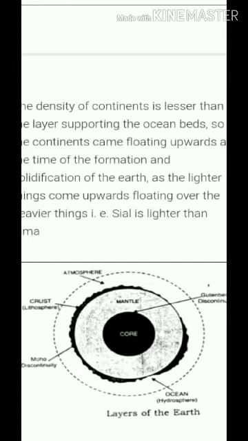The temperature of this layer ranges between 900 degrees Celsius and 2200 degrees Celsius. The temperature is quite high and the hot rocks form magma in this layer. Where the molten material magma is present, the temperature is near about 2200 degrees Celsius.